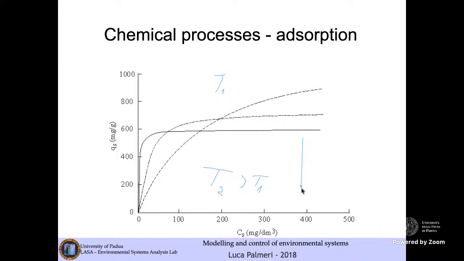So in the case that the temperature increases from T1 to T2, where T2 is larger than T1, then all these curves tend to get lower. This means that at a given concentration of a contaminant in the liquid phase, CS, you will have a lower concentration in the solid phase QS.